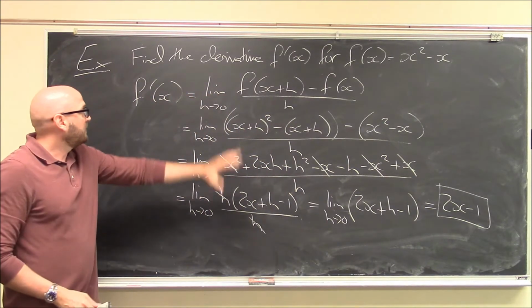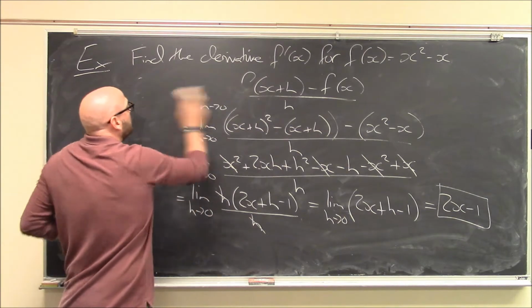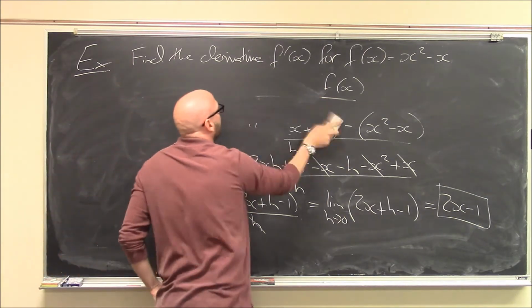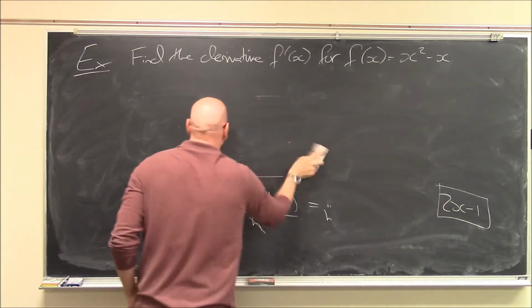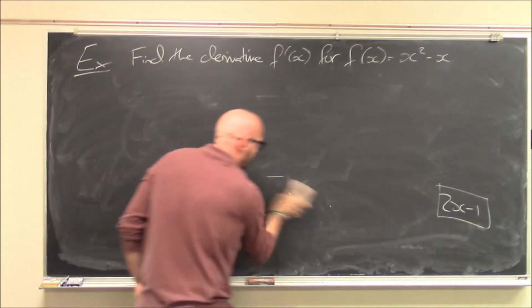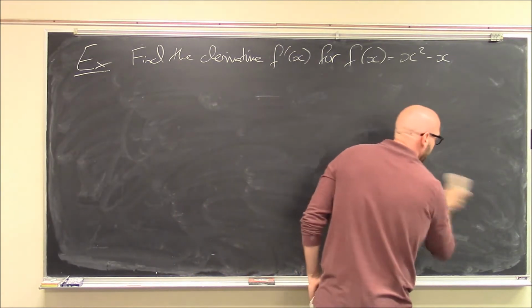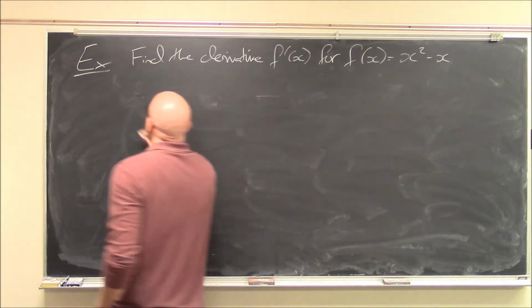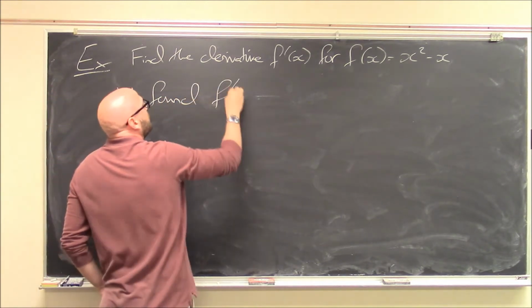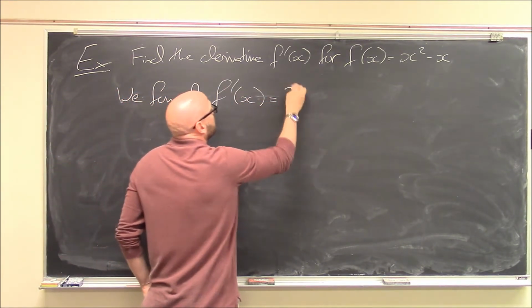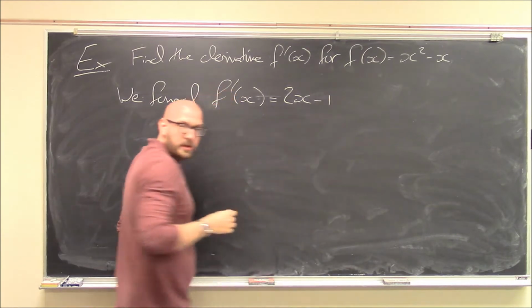Alright, so I'm going to erase this, but I want to recap really quickly what we've done. So we found the derivative. We found f prime of x was 2x minus 1.